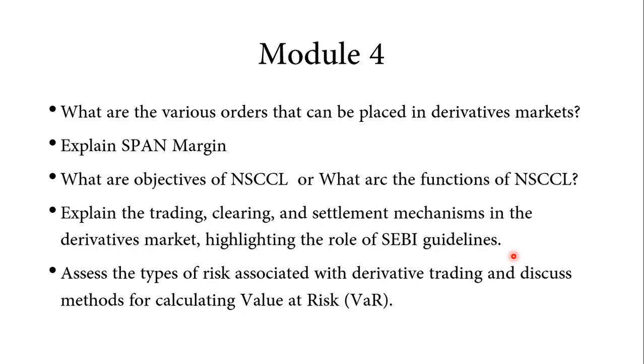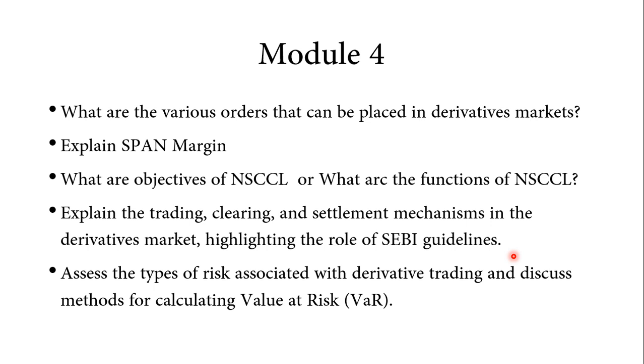Next, under module number 4, the first set of questions: number 1, what are the various orders that can be placed in the derivative market. Next is explain SPAN margin. Next we have what are the objectives of NSCCL, or what are the functions of NSCCL.